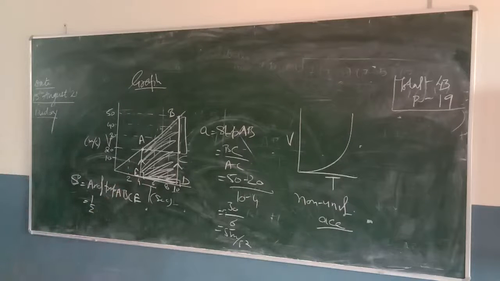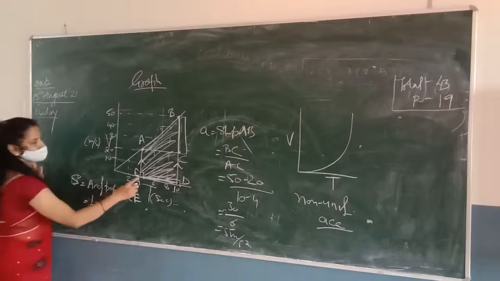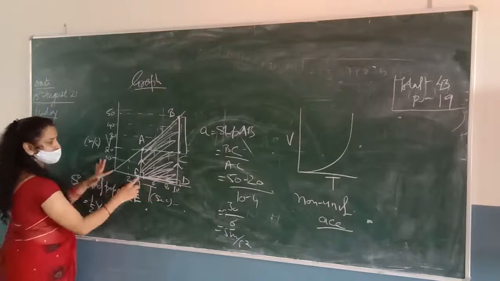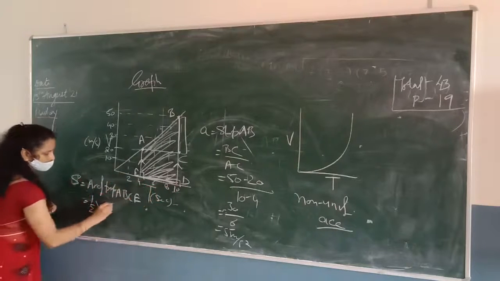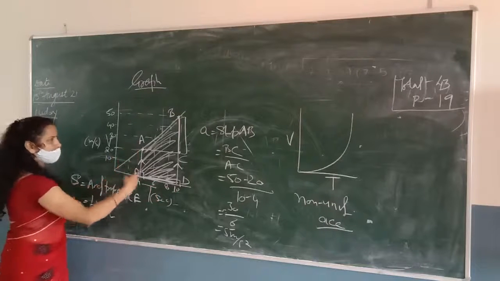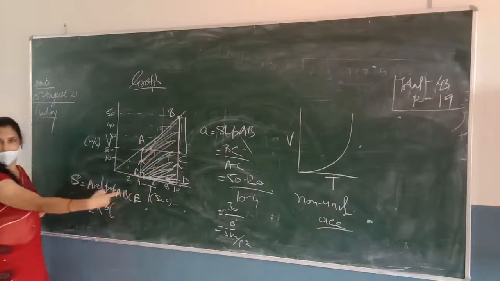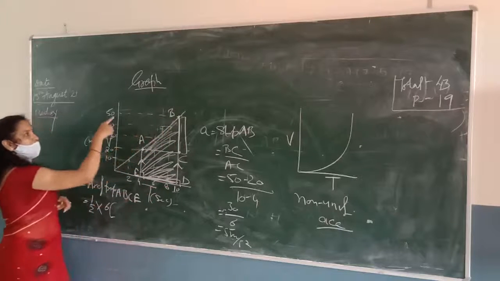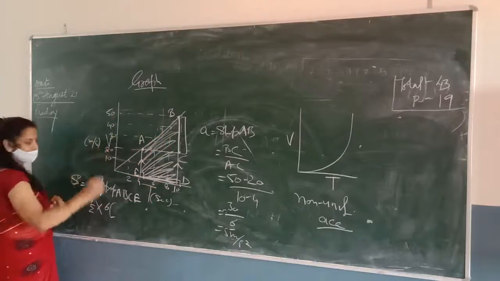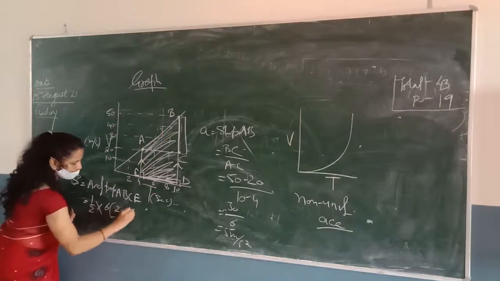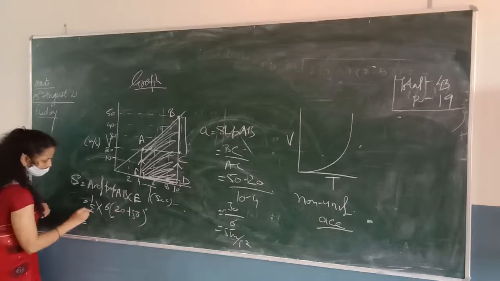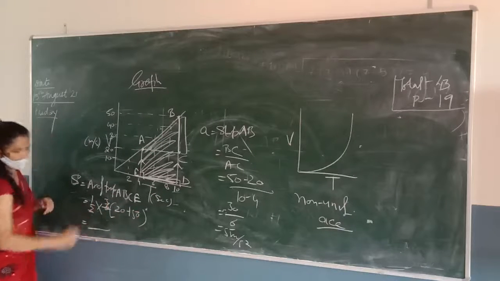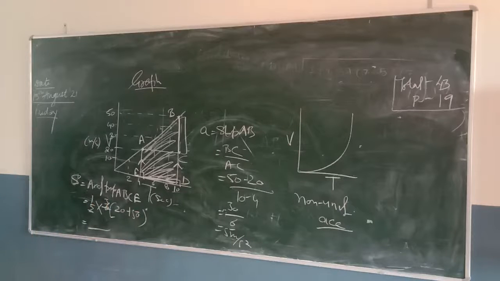Yes, 1 upon 2 into h, sum of the parallel sides. So h is 10 minus 4, that is 6. And the parallel sides are 20 and 50. This length is 50 and this length is 20. So you will say 20 plus 50. I think you can calculate this question yourself.